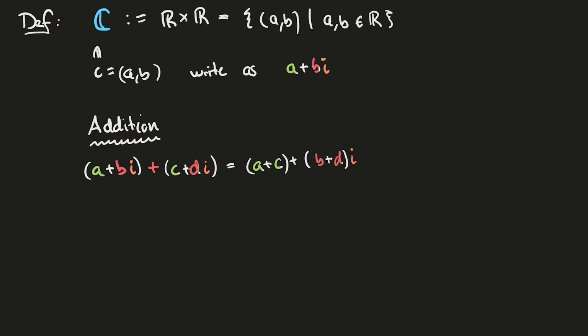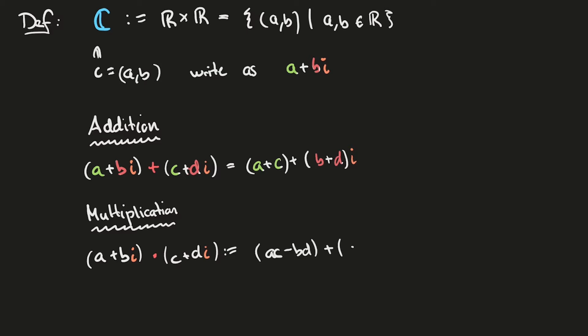Next, we can define multiplication. Given two complex numbers, a plus bi and c plus di, we can define their product by the following formula. So that's (ac minus bd) plus (ad plus bc)i.